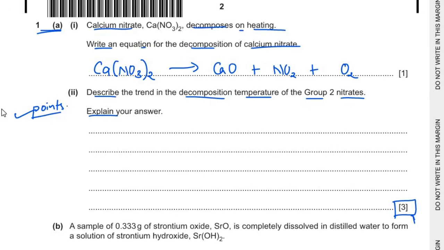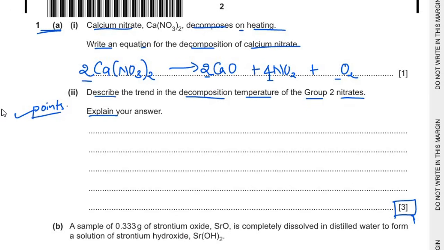Now there is a simple balancing required here. This is the balancing you will need, or you can just write 1, 1, 2 and half for the oxygen. That also can be written.